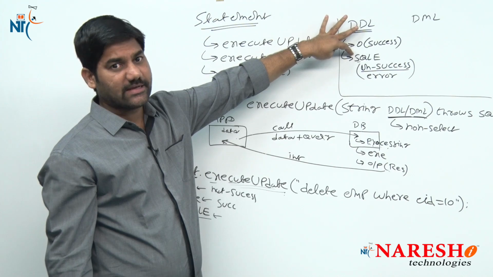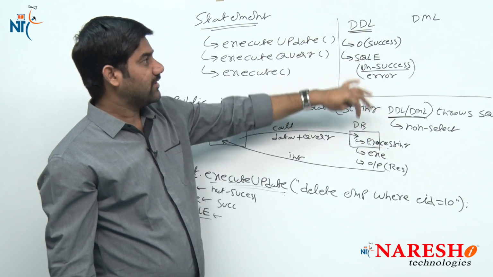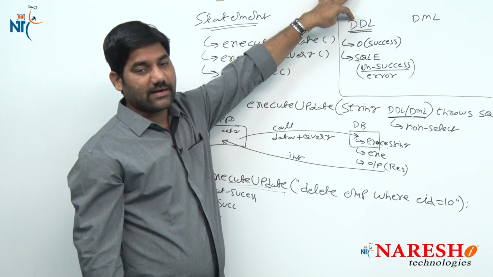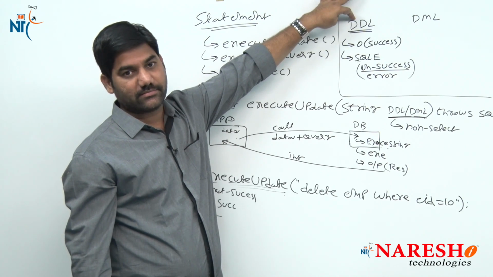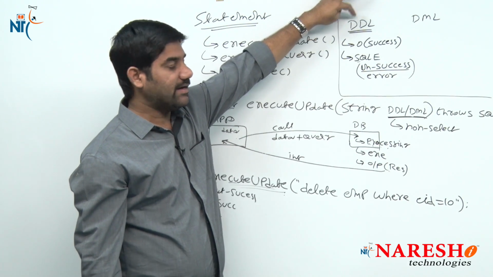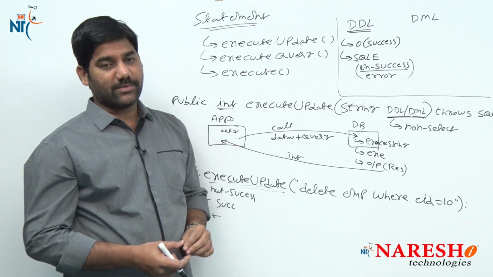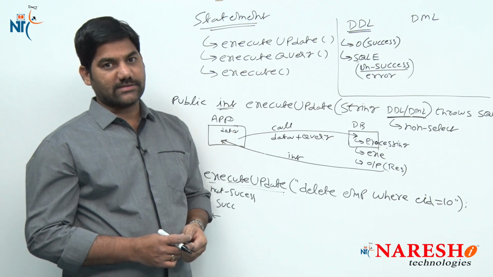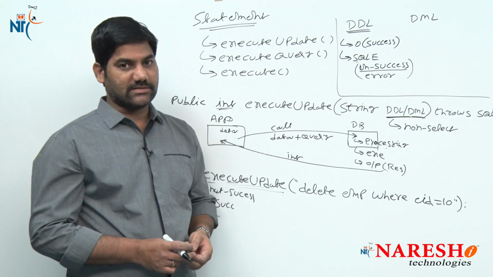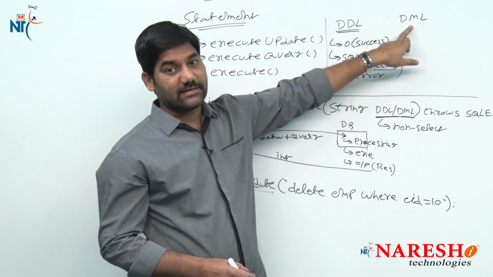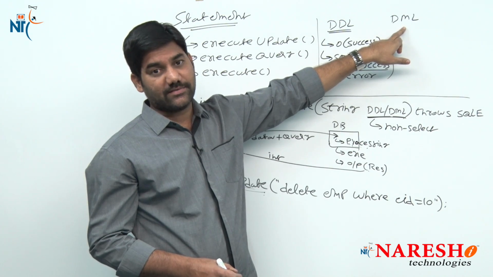Is there any specific reason, sir? A simple reason: when you execute DDL commands, generally records are not affected. DDL commands are object level commands, in the sense table level commands, not data level commands. And DML commands are data level commands, not object level commands.